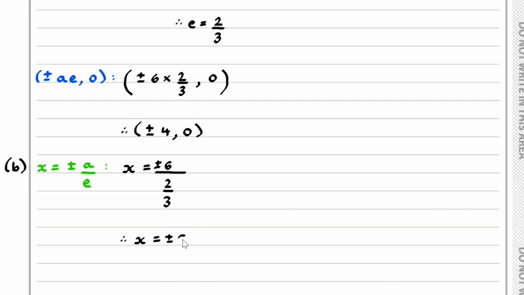The equation of the directrices are x equals plus minus 9.